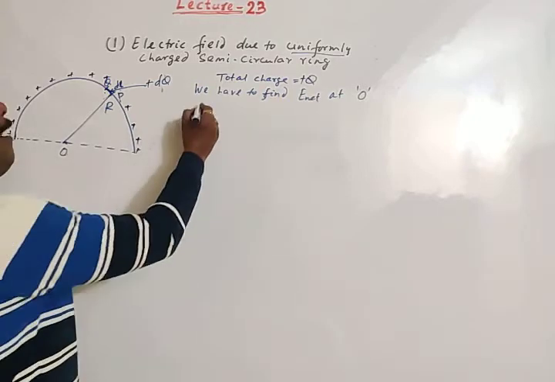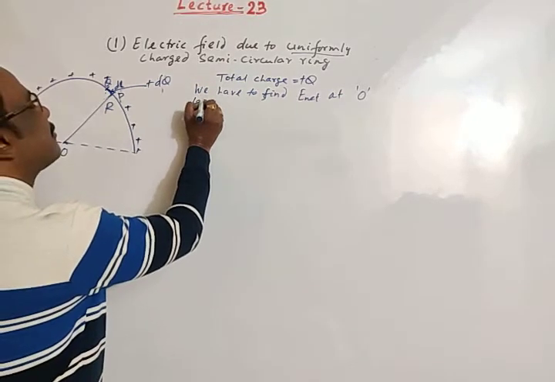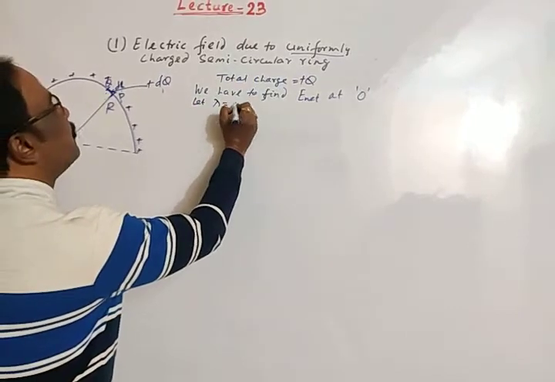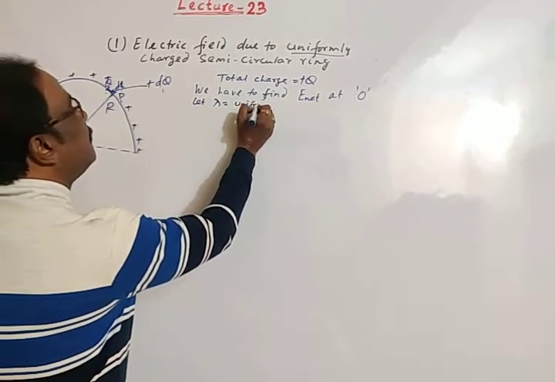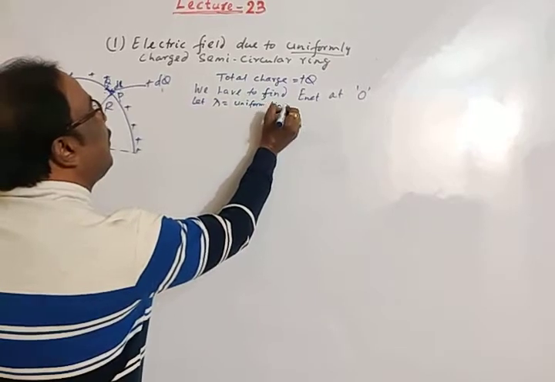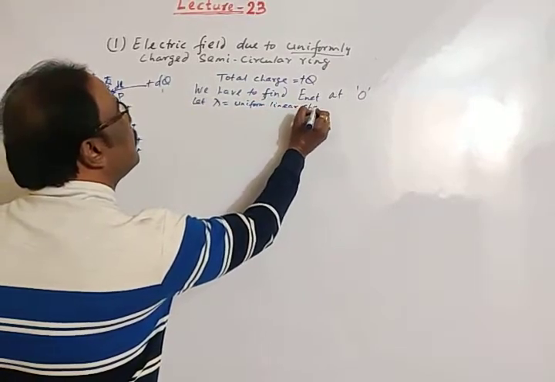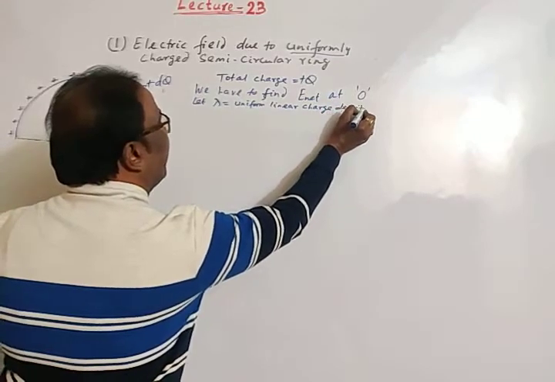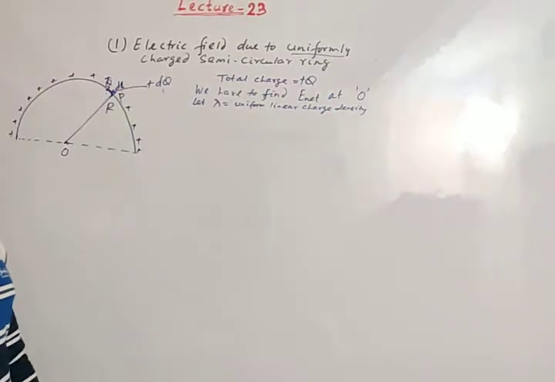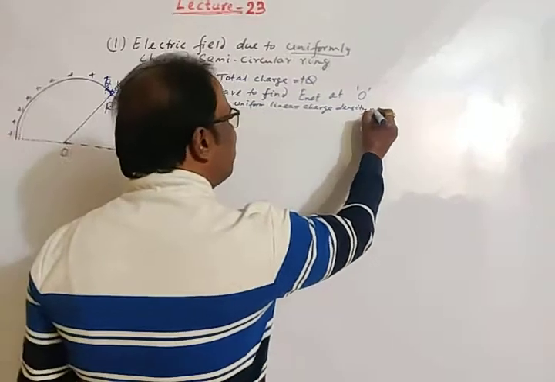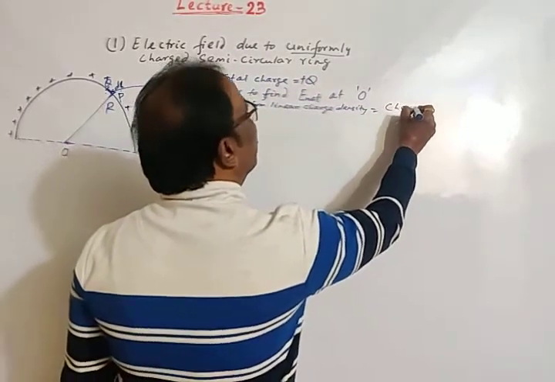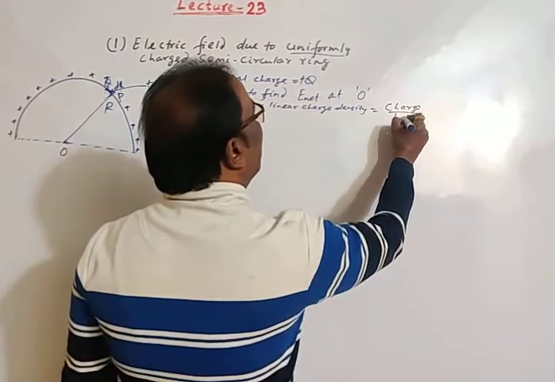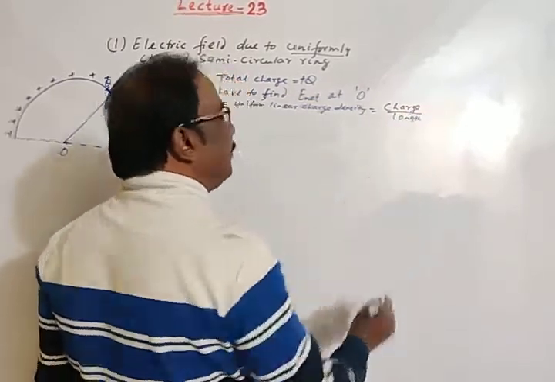Let another assumption, let lambda is uniform linear charge density, means lambda is charge per unit length.